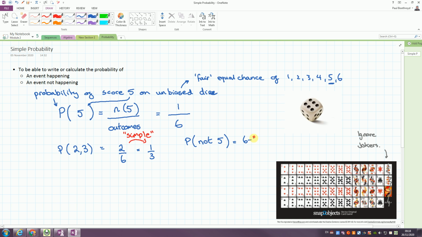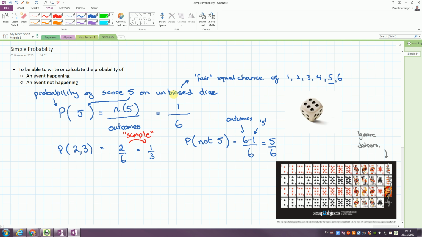So 6 minus 1 is 5 ways of not getting a 5, which gives me a probability of 5 out of 6. So 6 things can happen, there is one 5, and that sum gives me this 5. It's not the 5 here, it's the 5 from a subtraction. Okay?